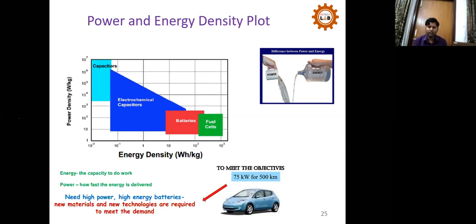Here on the right side you can see it. Which kind of technology will be used for our application, whether battery, fuel cell, capacitor or supercapacitor, is based on our requirement, whether we want more energy or more current.